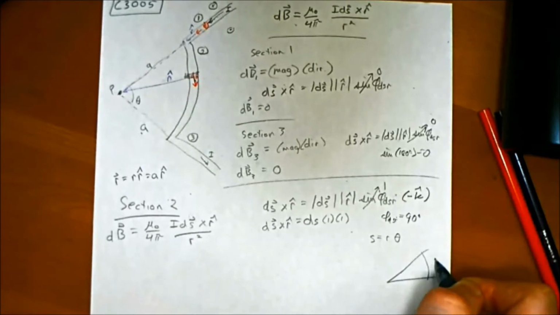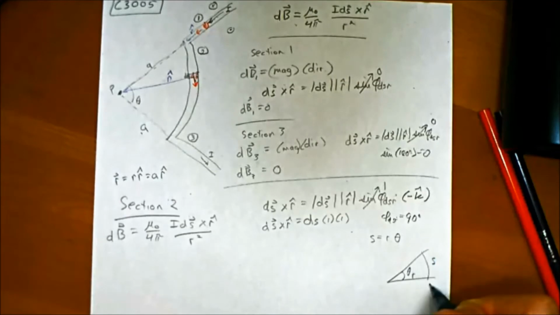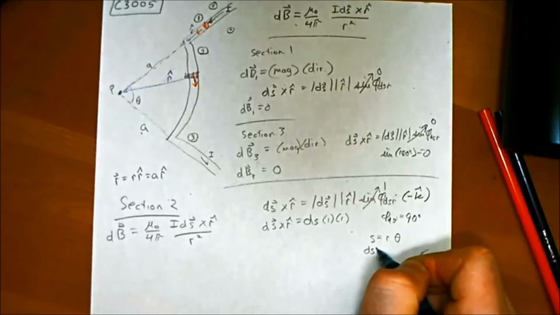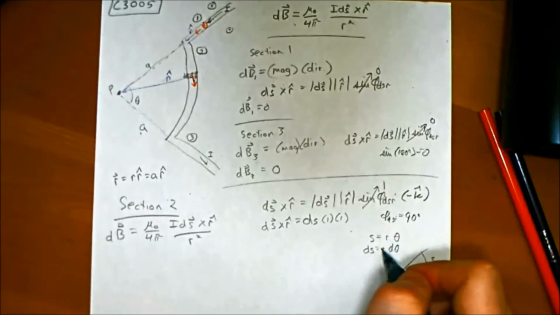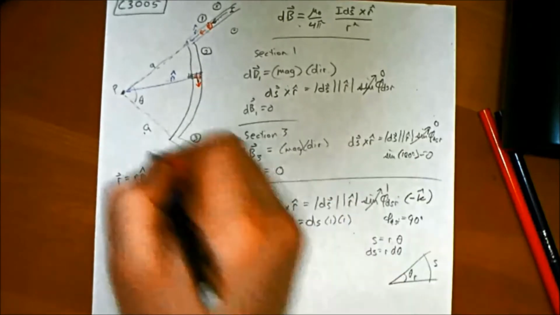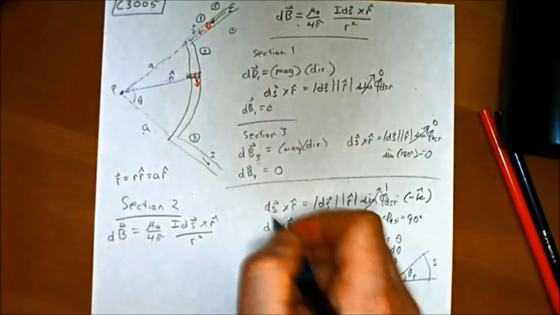Some arc length s is equal to the radius times the angle subtended by that arc length. So ds is just equal to r d theta, assuming r stays constant. Here, because r is equal to a, ds equals a d theta.